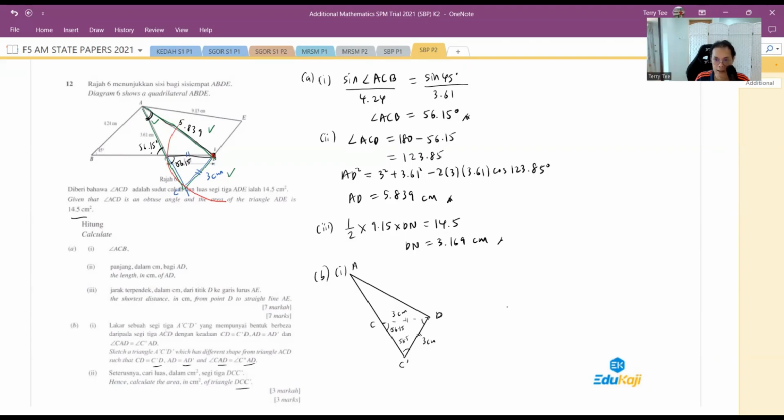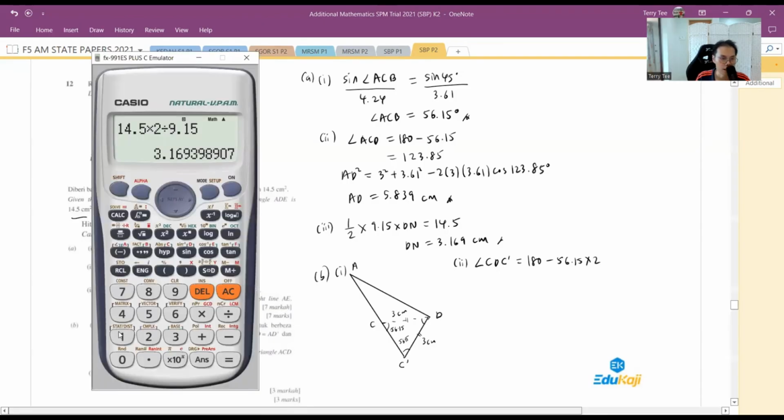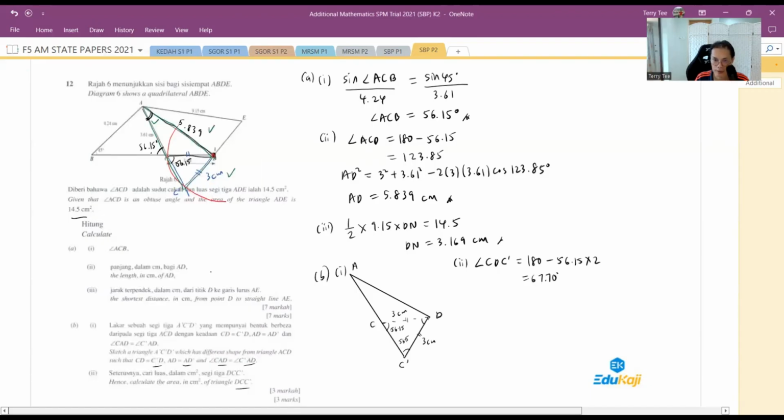I need to find this angle, right? So to calculate the area, I need to find angle CDC prime, which is 180 minus 56.15 times 2. Calculator. 180 minus 56.15 times 2. I got 67.7. So I know this angle is 67.7.